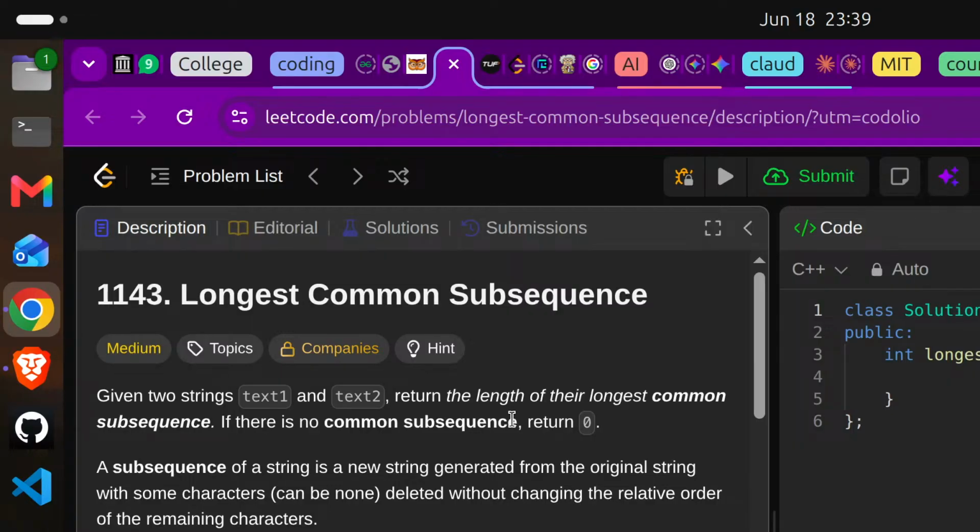Okay, just a recursive solution for longest common substring.